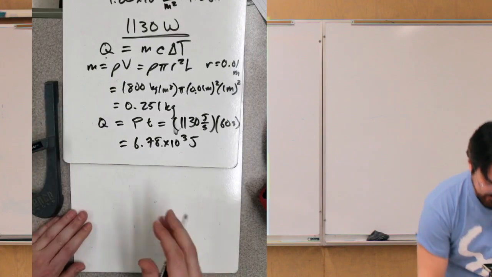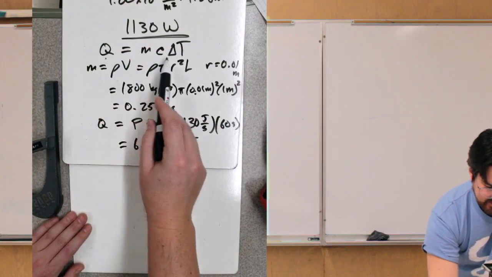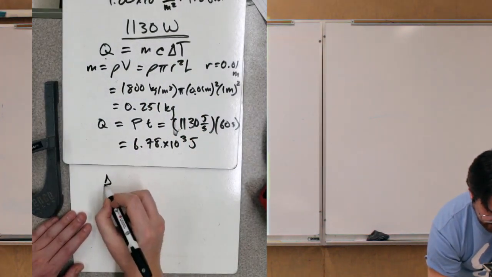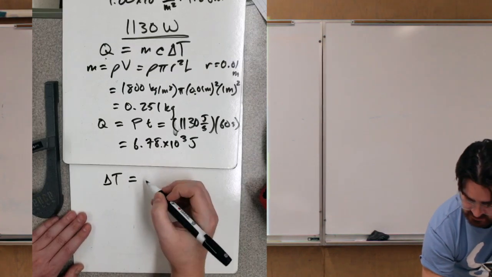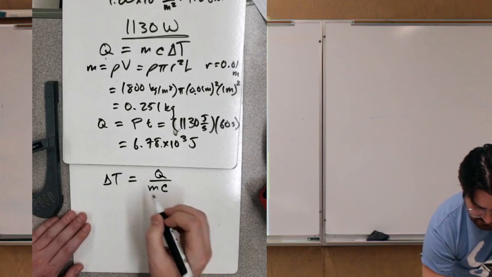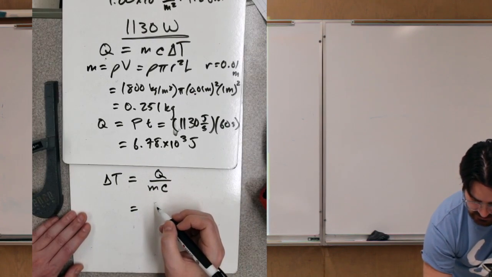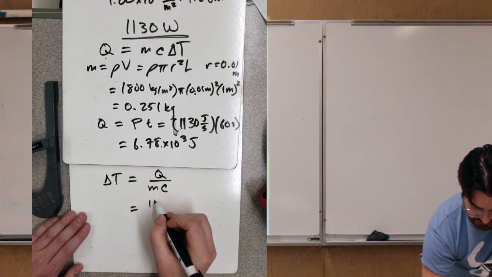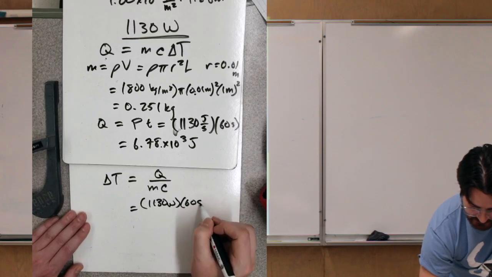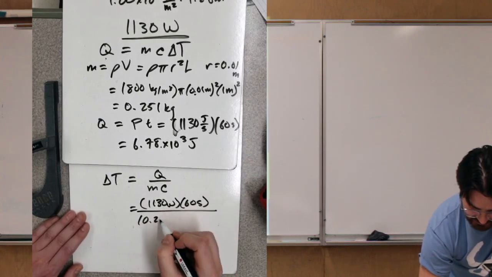And then finally, if we were to just divide our heat equation by the mass and the specific heat, then the change in temperature that mineral oil is going to go through is the heat divided by m and c. I still wrote it out here as the power and the time. Put in that mass we found.